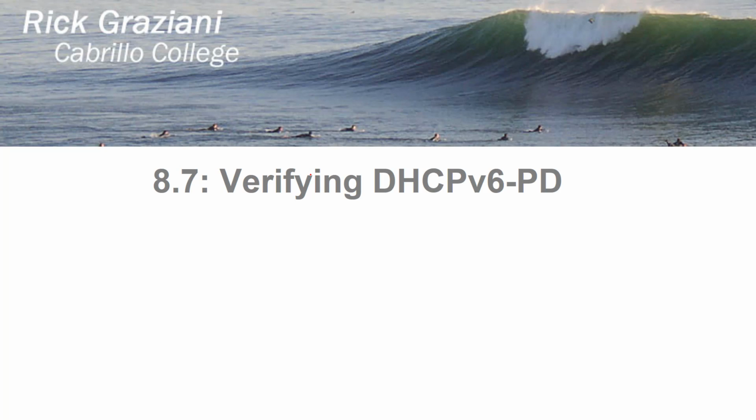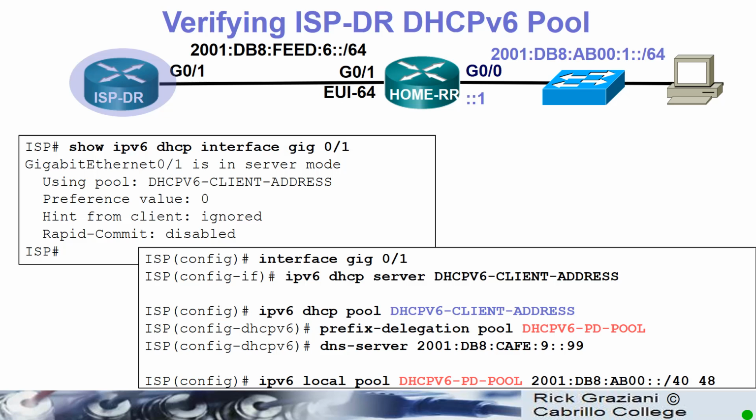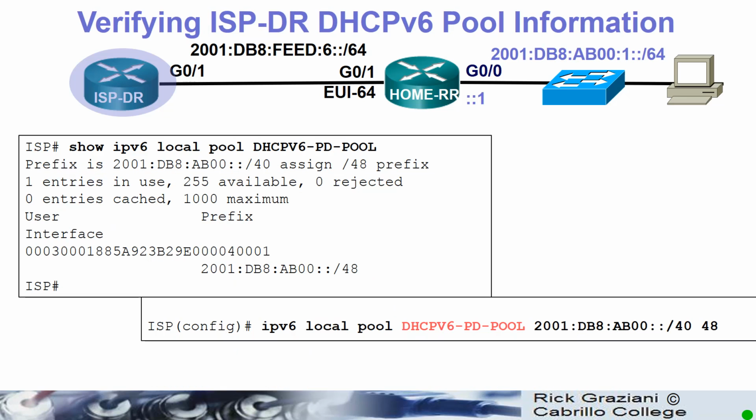All right, so let's talk about how we verify DHCP. So part of that verification is going to be, again, looking through the show commands, making sure that our pools are set up correctly, looking at the appropriate client addresses, making sure they're handing out correctly, looking at our local pools, understanding the /40, and have that /40 assigned to the /48s.